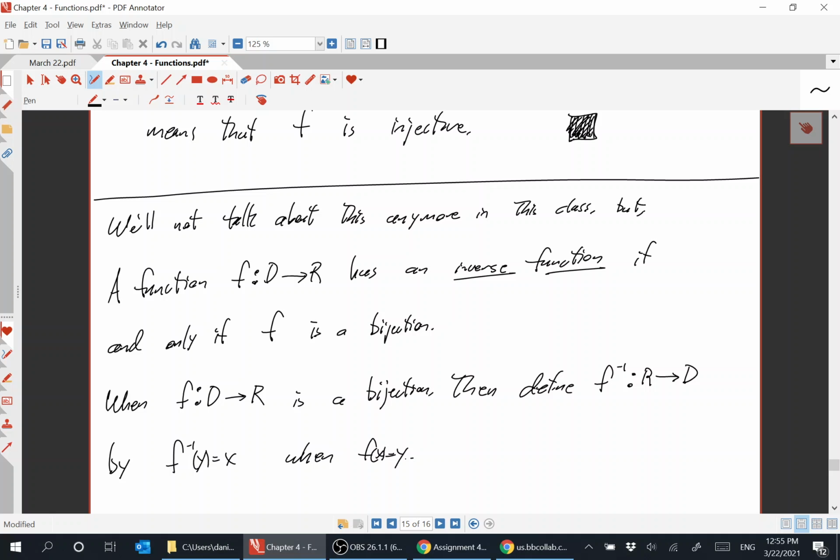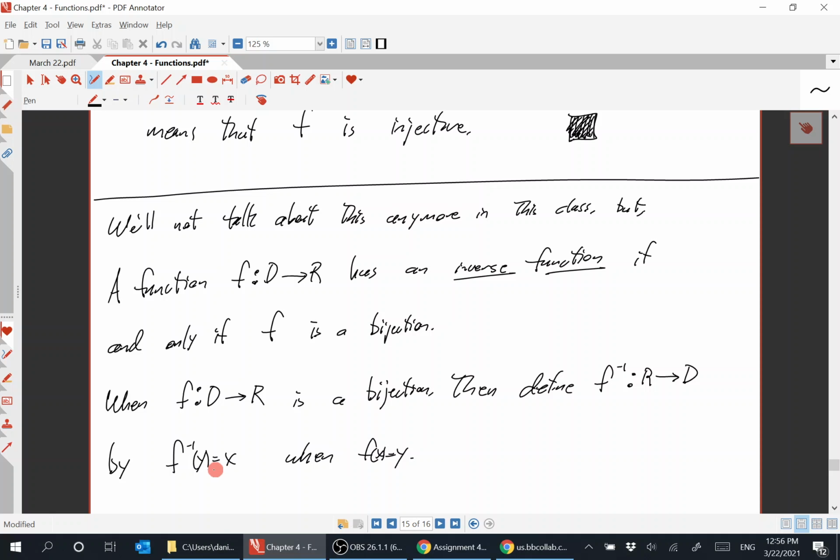Okay, but that only makes sense if the function f is a bijection to begin with, because you can only say f inverse of y is equal to x when f of x equals y, when there is something in the domain that goes to that thing in the range. So that means you must be surjective.